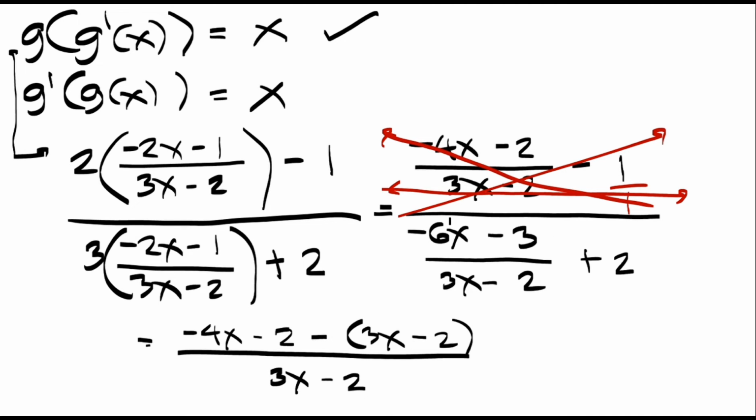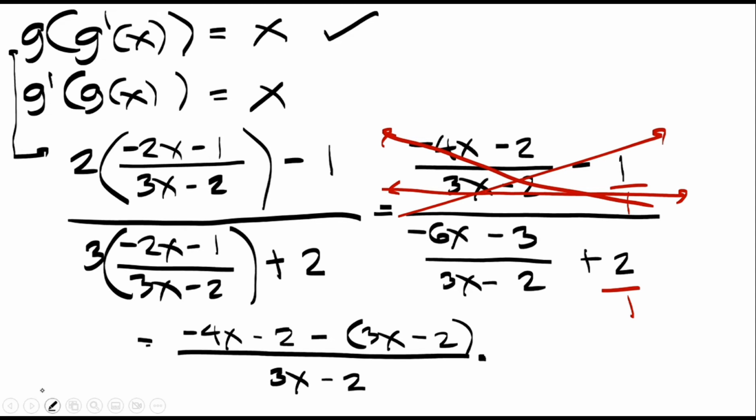Since this is division, let us proceed to multiplication, but you have to get the reciprocal of this. Again, this is over 1.